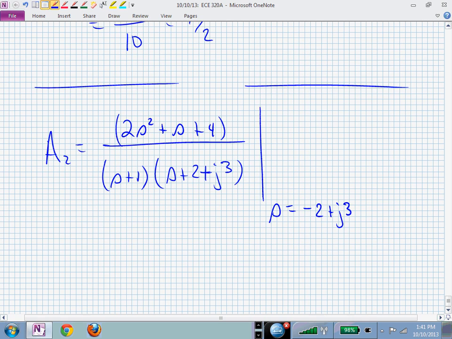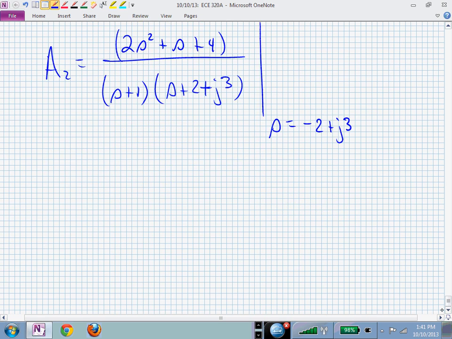Now we simply plug in that value for the complex s. And I work this on some YouTube videos so that you can let your calculator do all of this, right? But now you plug in 2 times s squared, minus 2 plus j3 squared. And this is why Dr. Marsland was teaching you all this complex algebra, right?